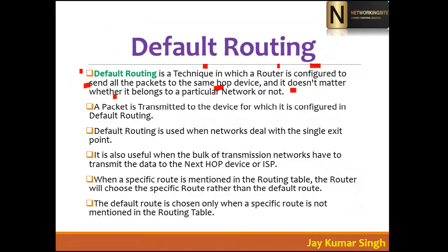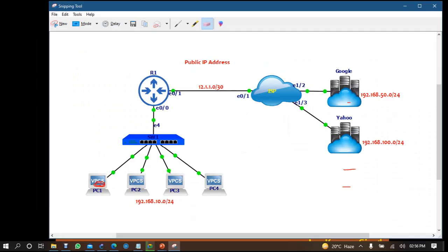Now, a packet is transmitted to the device that is configured in the default routing. Any packet that comes to your device will be forwarded directly to a specific network or next hop. If this user sends data, I check my routing table and forward it to the ISP.